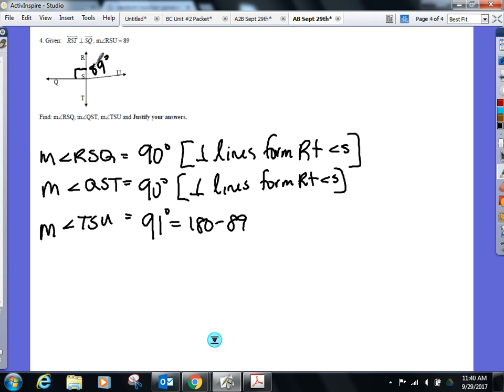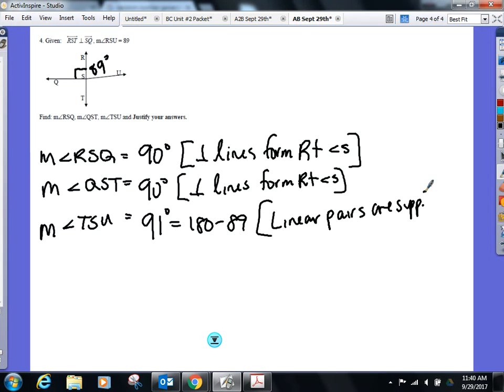Tell me what type of angles those two are. Other than supplementary and adjacent, what's the key phrase we have for it? Linear pairs. And what do you know about linear pairs? They are supplementary. Yes. So you can say straight angles add to 180, like Will said, or you can say linear pairs are supplementary. All right. Either way.